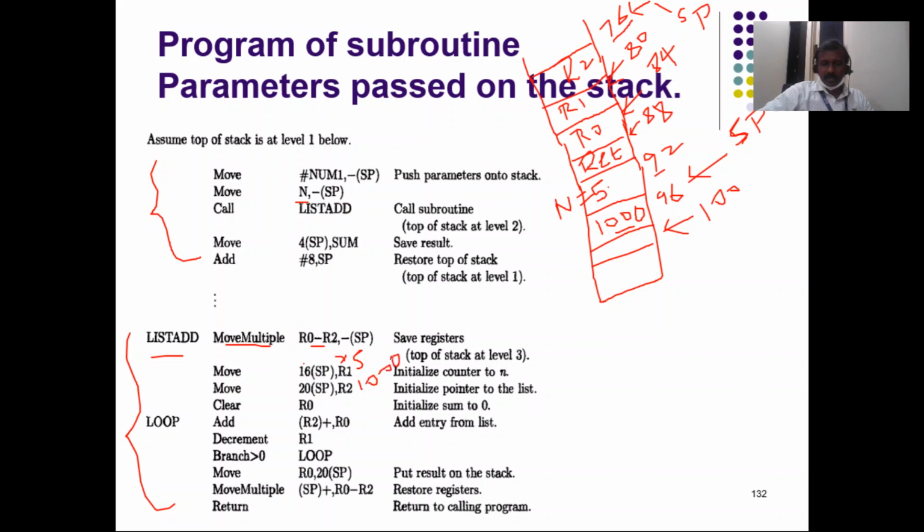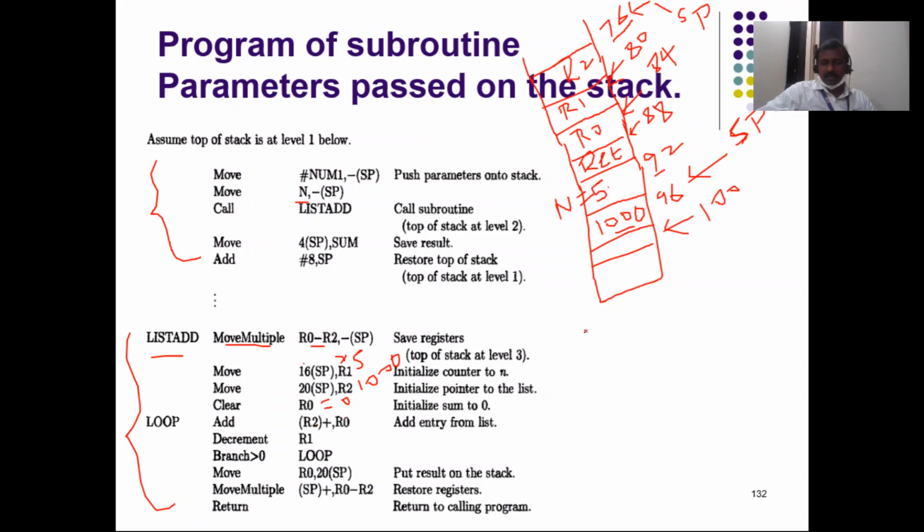Clear R0, so R0 becomes 0. Then add R2 plus R0. R2 is 1000, so the content at location 1000 will be added with R0.